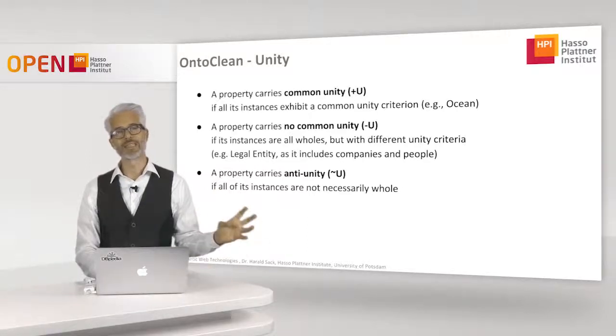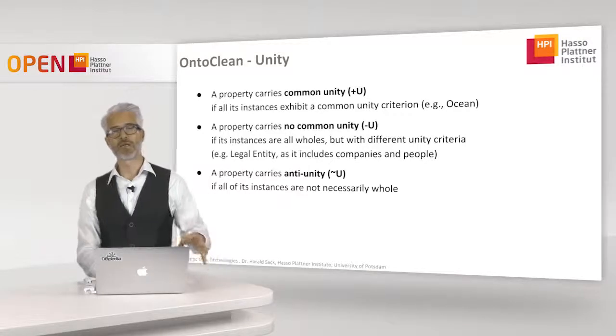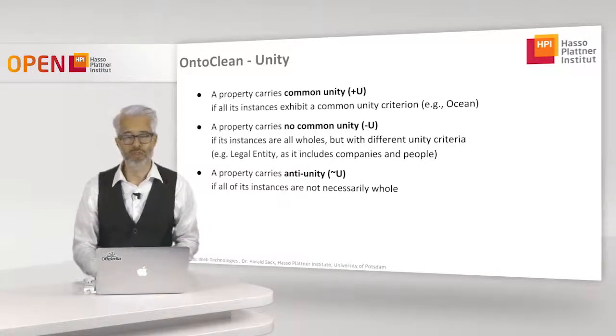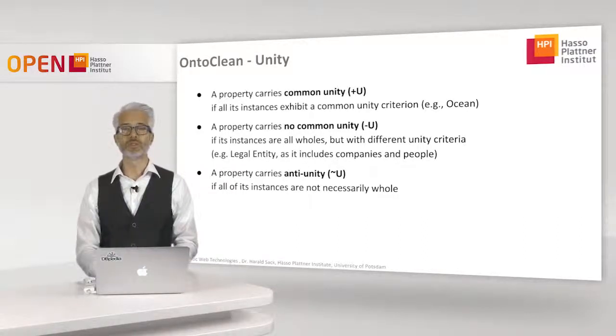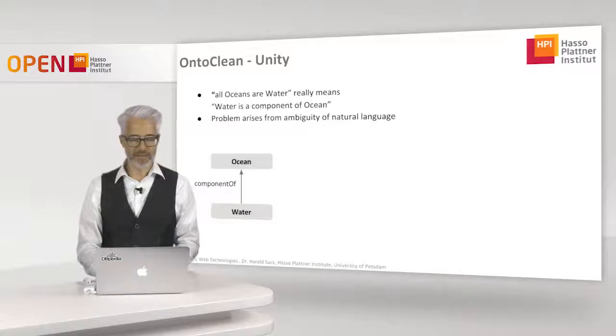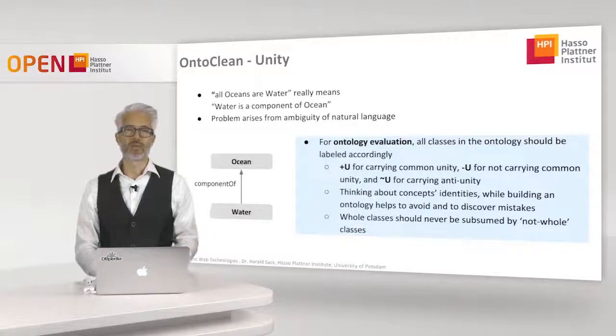A property carries anti-unity if all of its instances are not necessarily a whole, like we had it with water. So these are the three labels that we apply for unity. Either they have a common unity, they have no common unity, or they have a so-called anti-unity. So what we do for ontology evaluation, we label accordingly with +U, -U, or tilde-U.